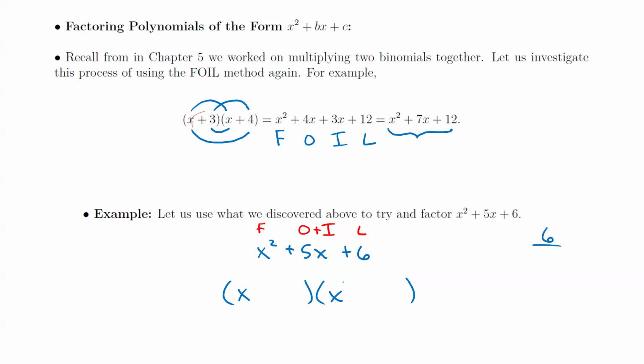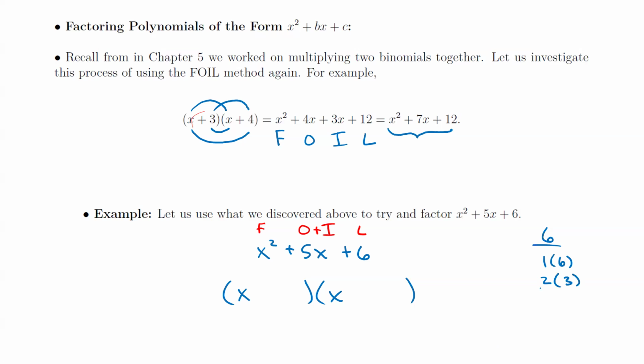The thing that we have to think carefully about is the fact that there are multiple ways to multiply two numbers to make 6. So we can do 1 times 6, or we can do 2 times 3, either one.